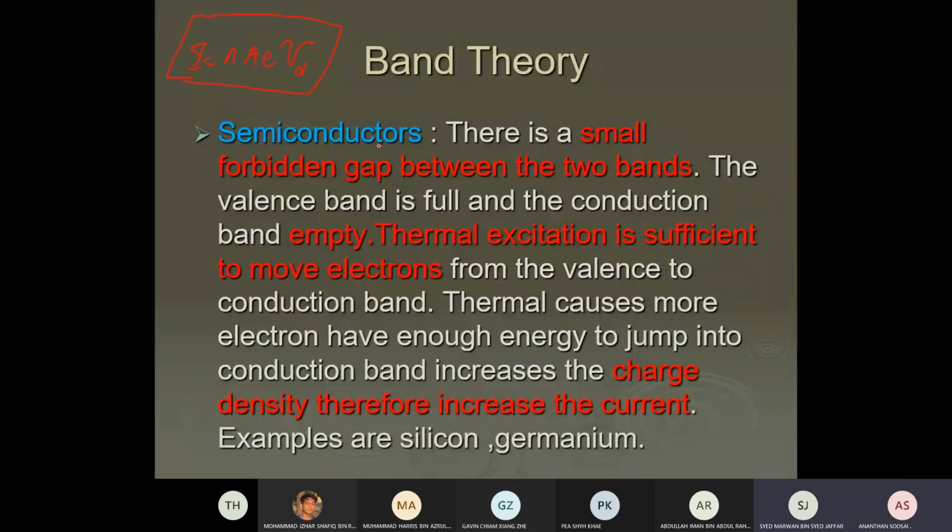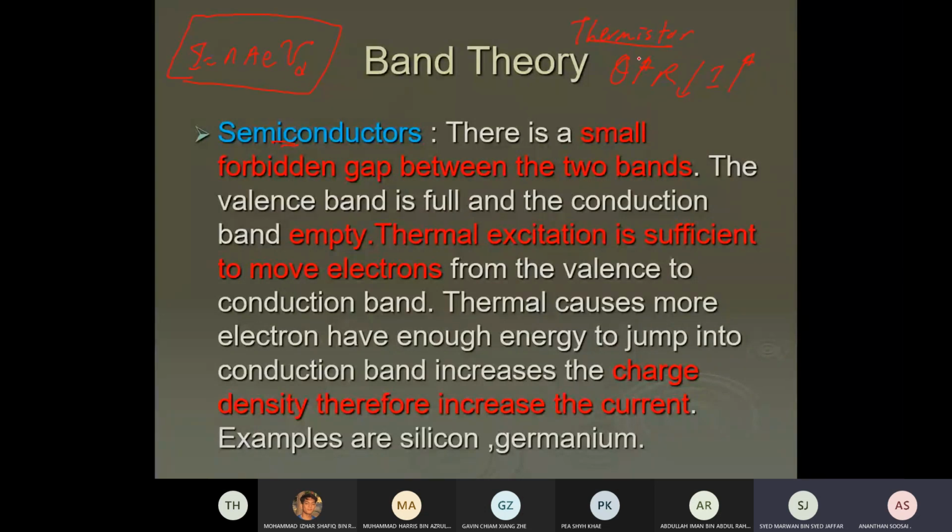For semiconductors, for example, like LDR and thermistor. Thermistor: when temperature rises, what happens to the resistance? Decreases. Current increases. Yes, a thermistor is a semiconductor.